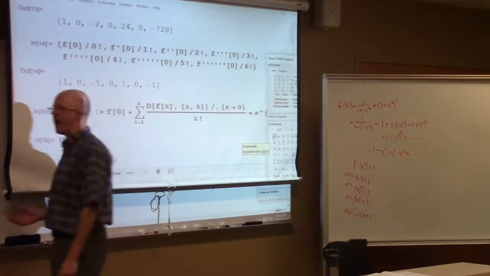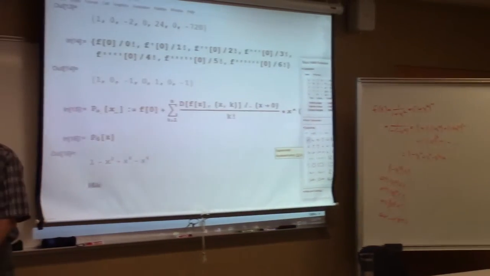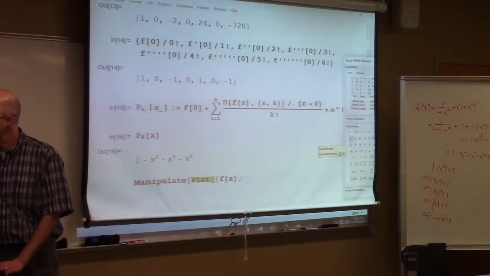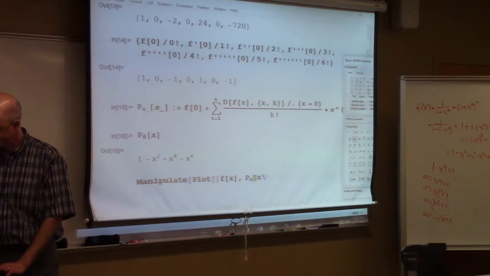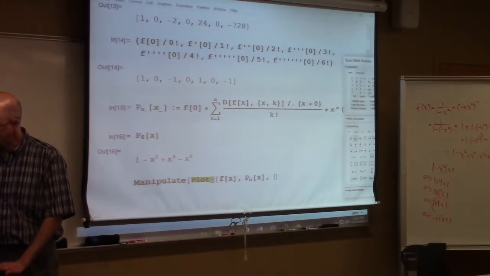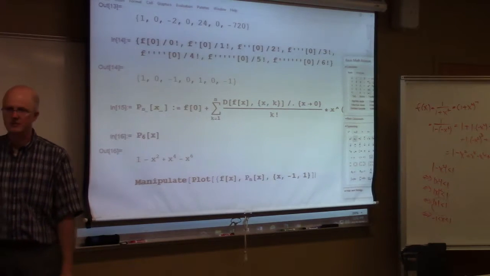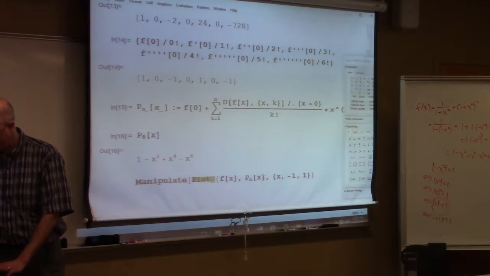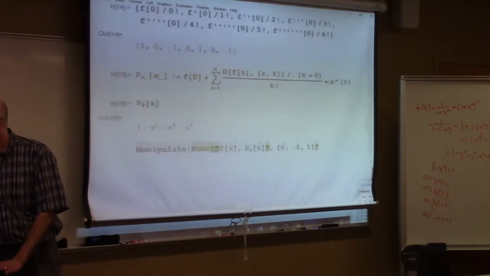Now we can look at the graphs of these things and manipulate it. Manipulate, plot, f of x, p sub n of x, near x equals 0. Like -1 to 1 would be the interval of convergence. Let's just go ahead and graph it on that domain here initially.